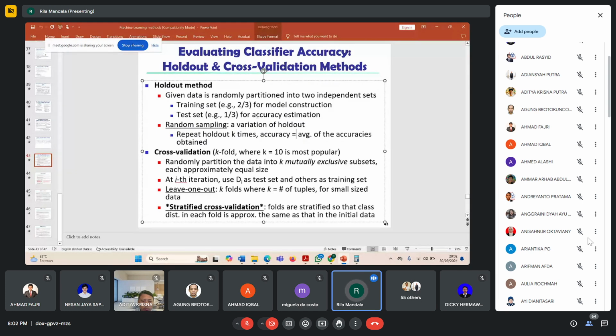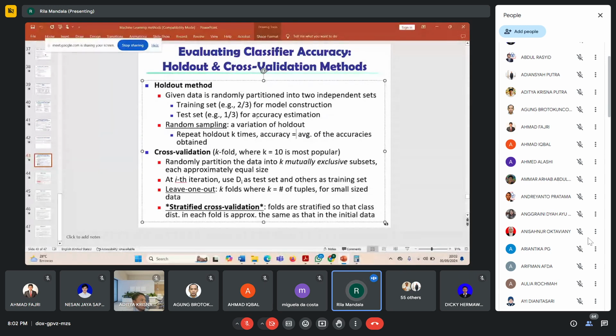Take my previous example. I use 70% training data and 30% testing data. Oh, it's not good. So I increase the training data to 80%, the testing data to 20%.